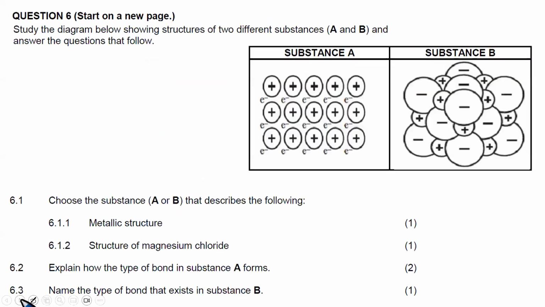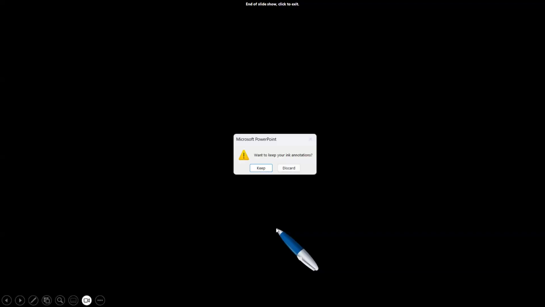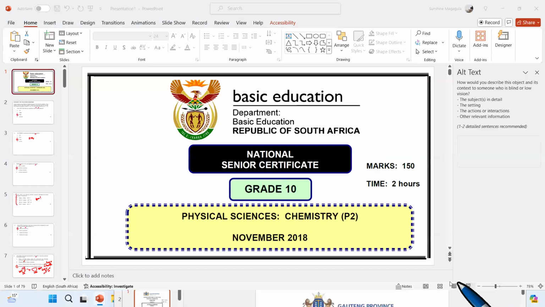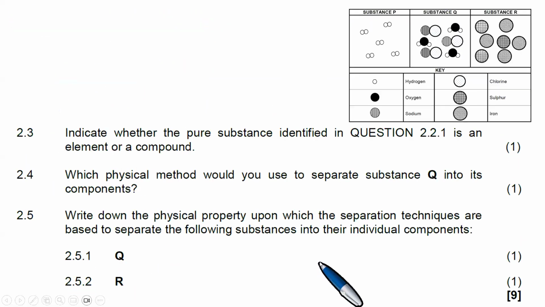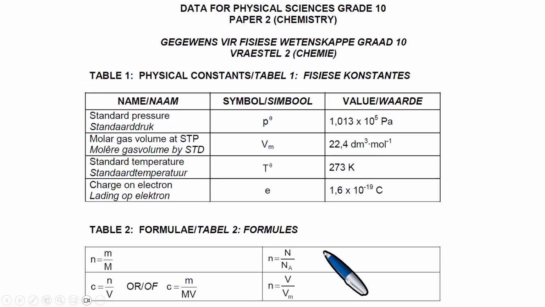So we speak about the molecular mass of hydrogen and that of oxygen.